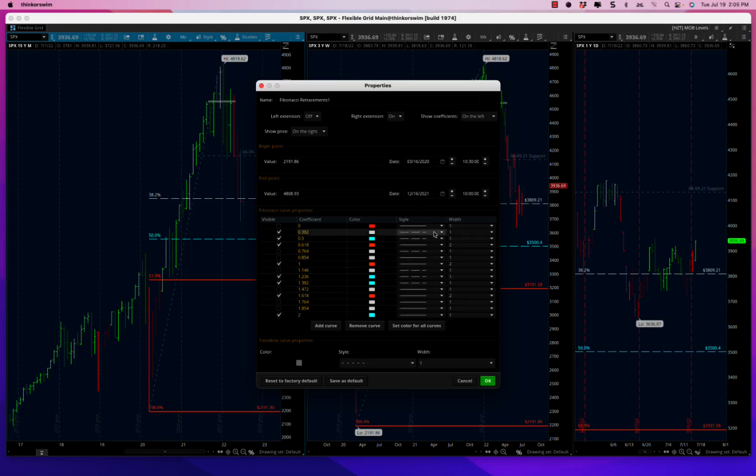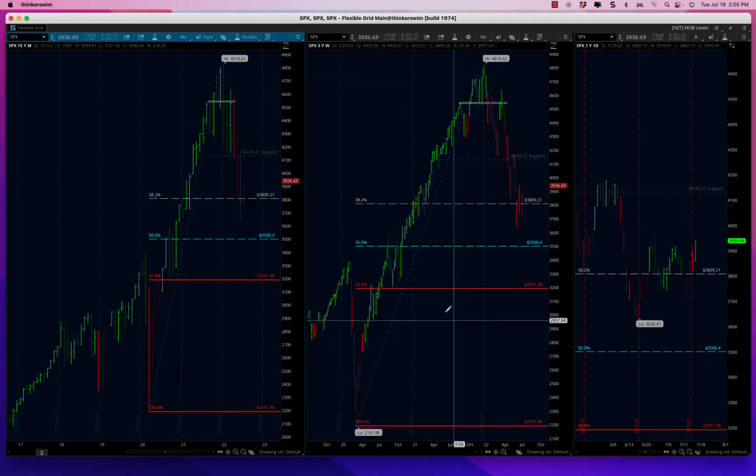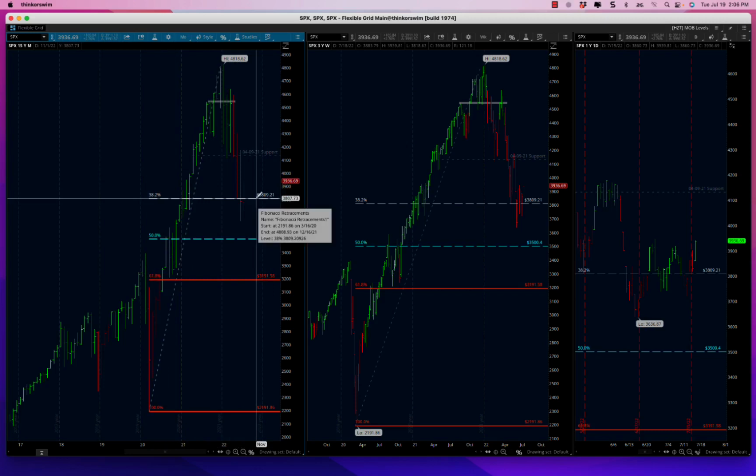Okay, so I want to know where those levels are on a bigger time frame. So when I start, I know from the pre-COVID lows back to this high of 48.18, should we retrace, that 382 level will be of significant interest to the markets.